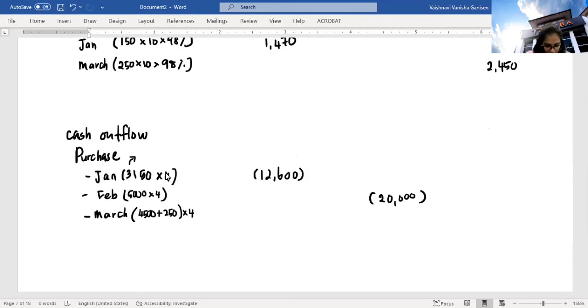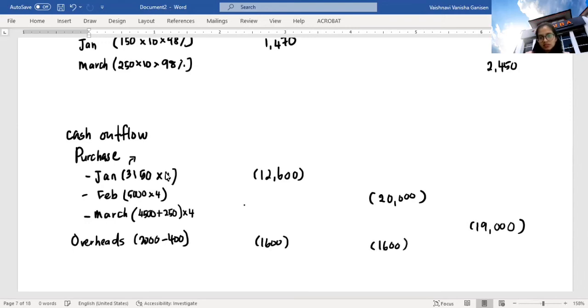So 4,750 multiplied by 4 is 19,000. The next one, overheads, is 2,000 minus 400, which is 1,600. Now let's continue reading the question.